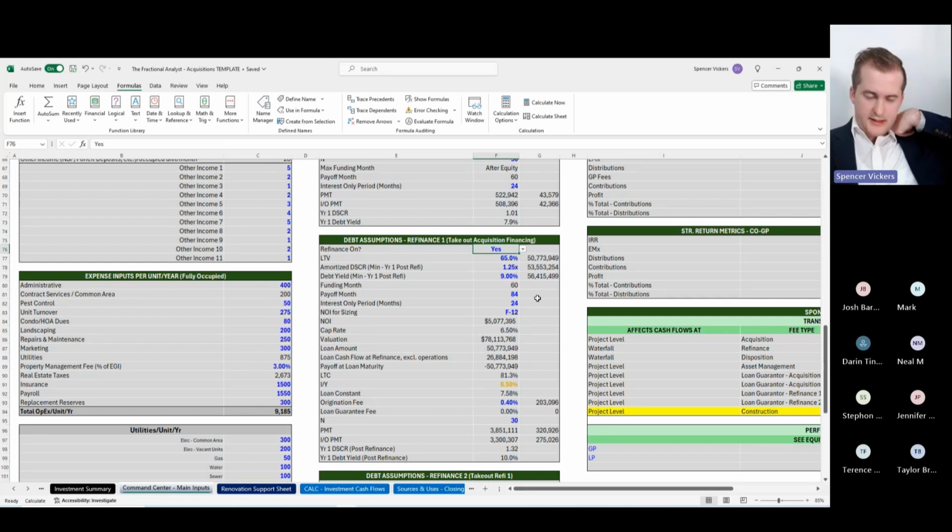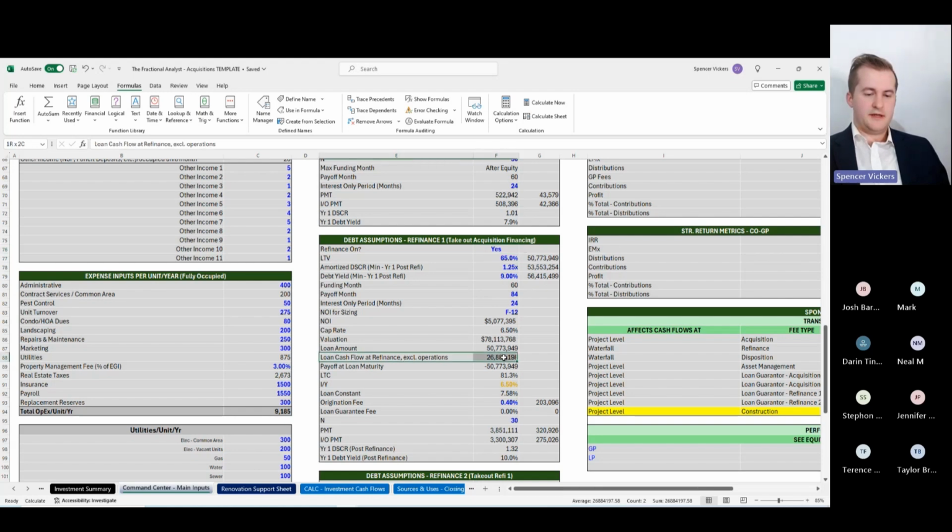So it's not just a takeout loan. It's sized off of LTV, DSCR, and debt yield at the time that it's funded. But if you did want it to just be a takeout loan to take out the other two, then you would just reduce these amounts appropriately to be equal to the total loan amount that you're taking out. Some operators like to do it that way because it shows the refinance a little bit more conservatively.